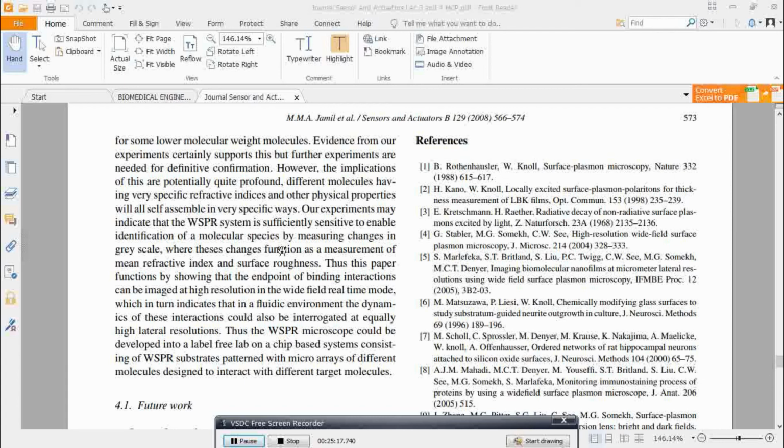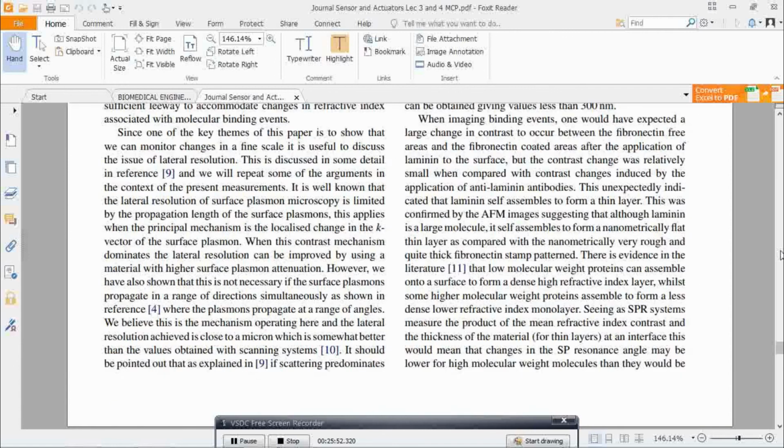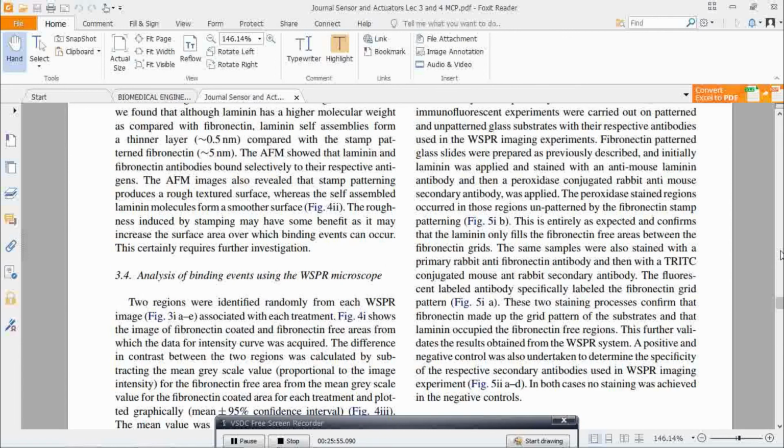Try to find other studies to do with cell imaging, as this will help you to understand the cell culture process explained in the previous lecture. So now find cell imaging papers using wide field surface plasmon resonance microscope. That's the homework for you to do.